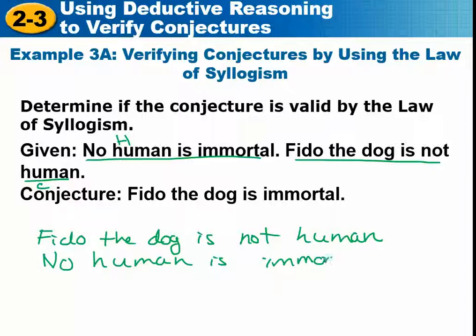Now, never mind right now how silly these are. Is there a way to change "Fido the dog is not human" into an if-then sentence? Let's see.